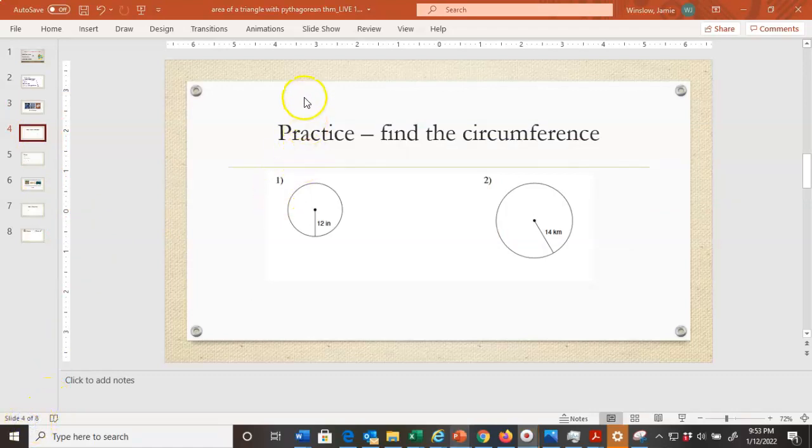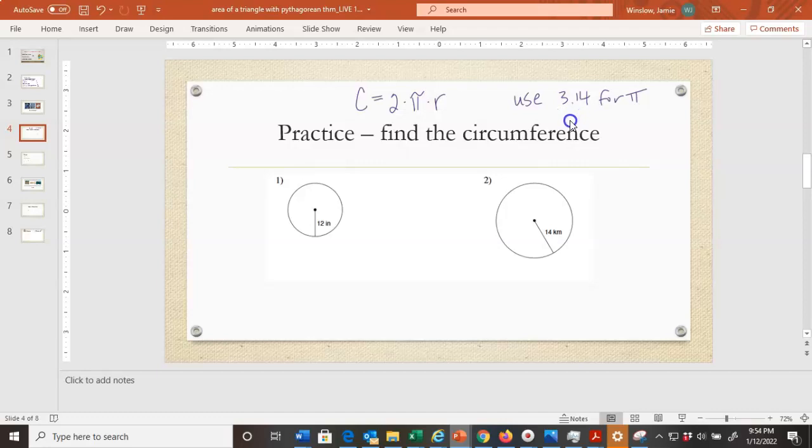Don't forget you're allowed to use it any time in this class and on your SOL on any assessment. I'll put it up here. Circumference is 2 times pi times r.